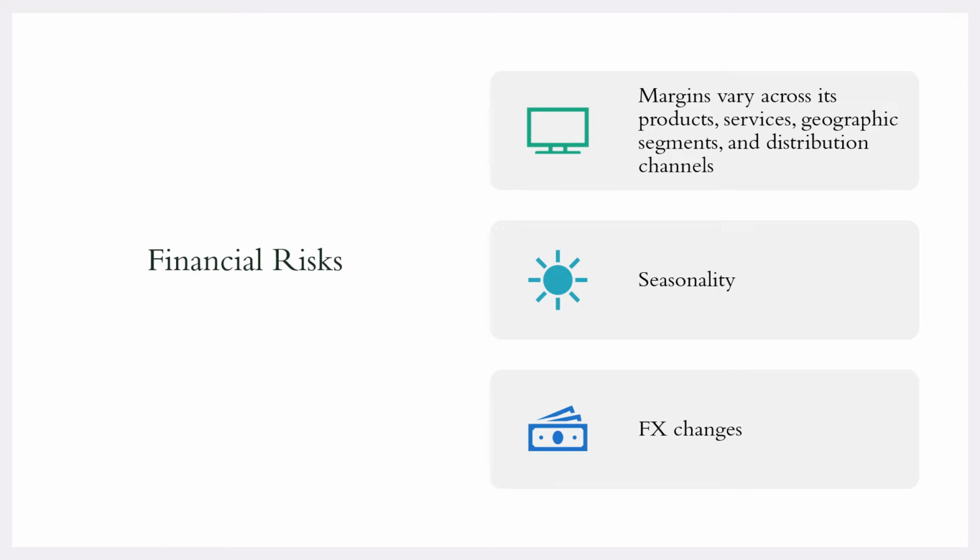So if foreign currencies get stronger relative to the dollar, what Apple can do is lower their prices to be more competitive. The issue with that is they're going to get hit with losses on their FX derivative instruments that they use mainly for hedging.